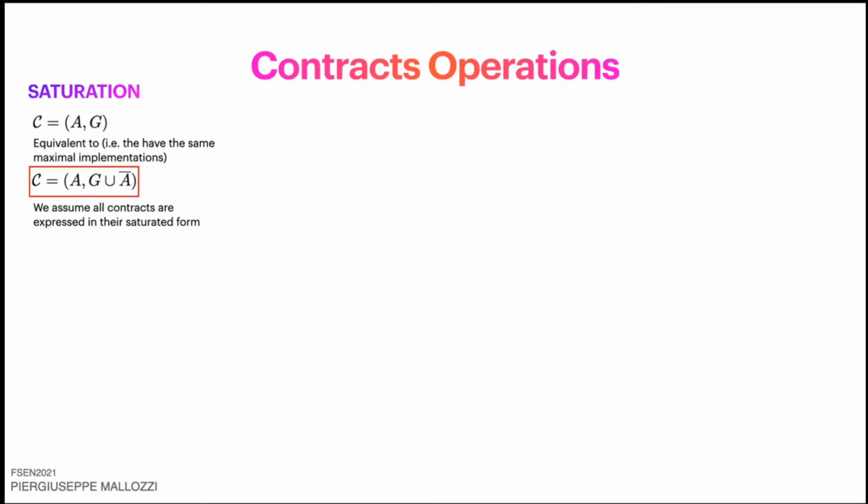So we can redefine the guarantees of each contract so that the guarantees basically contain the maximum implementation of the contract, and this is equivalent to having a non-saturated contract, because the equivalence is checked only on the maximum implementations.